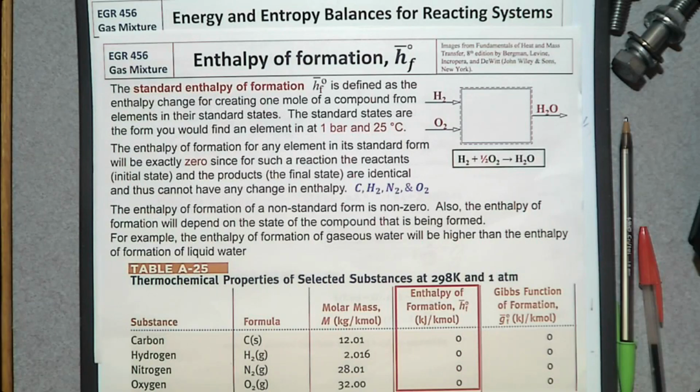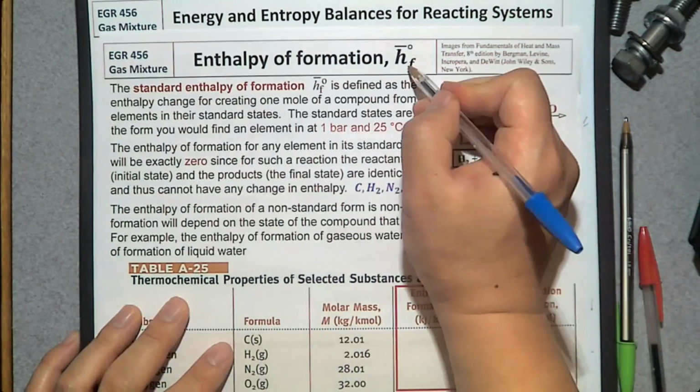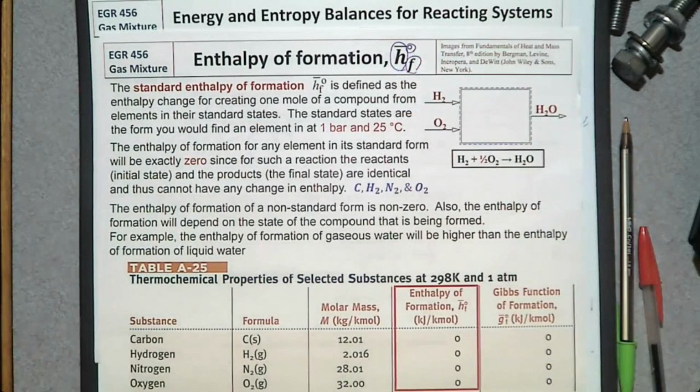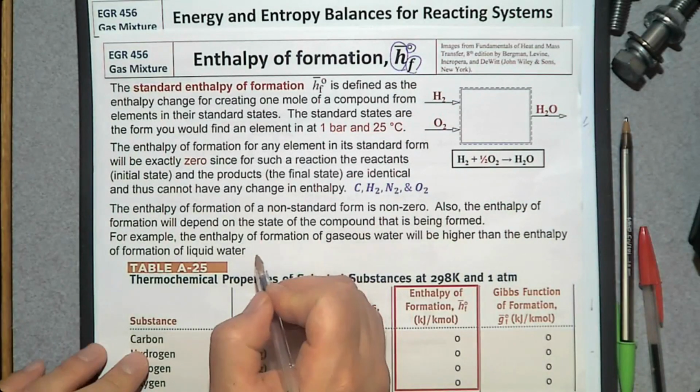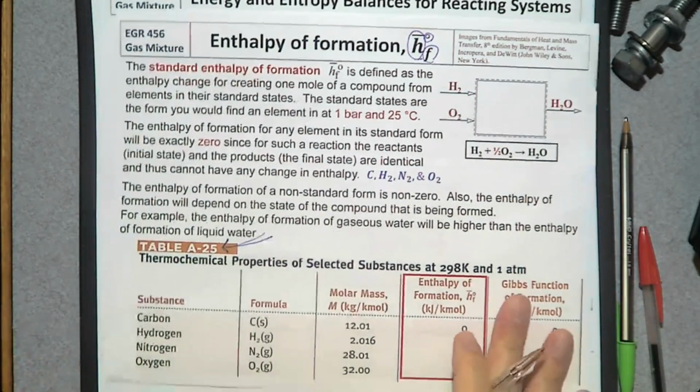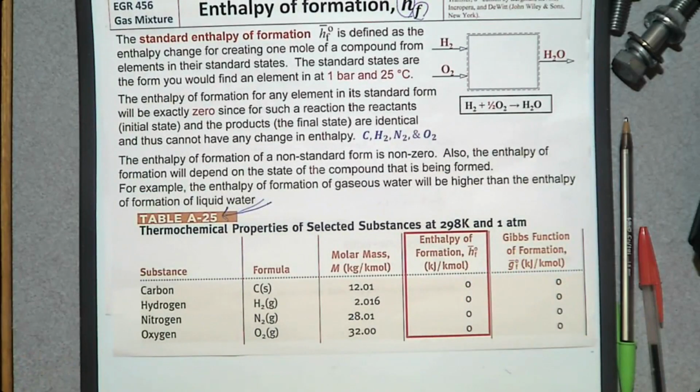That is the standard enthalpy of formation, H bar degree F. You can find this enthalpy of formation directly from a table, and this table is table A25. If you go to table A25, we have the name of substances, their formula, their molecular weight M, and here you have their enthalpy of formation.